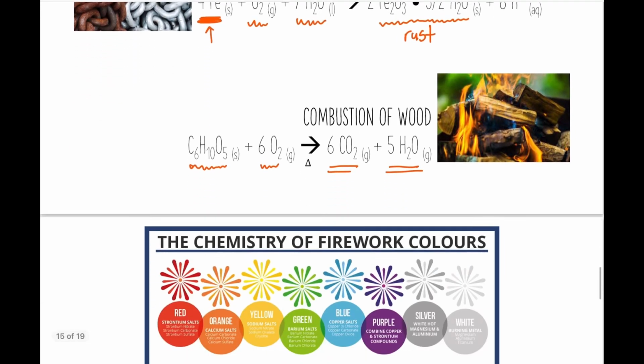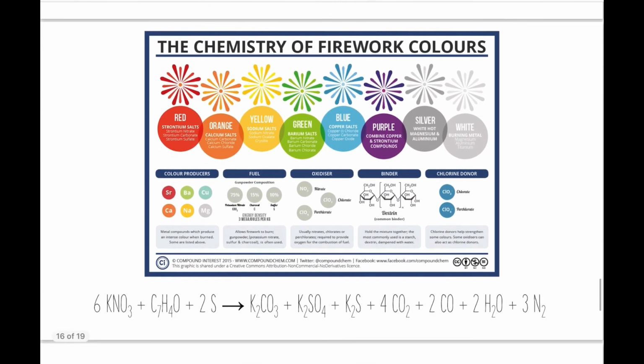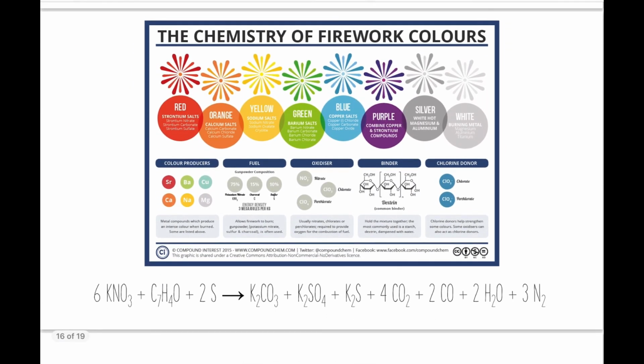Another example, as you can see here, is fireworks. Lighting a firework is also a chemical change, as it involves a chemical reaction and new products are formed. These metal salts, as you can see here, when burned in flame, will produce beautiful colors that can be observed by you.